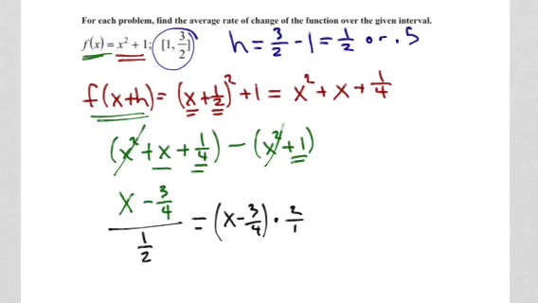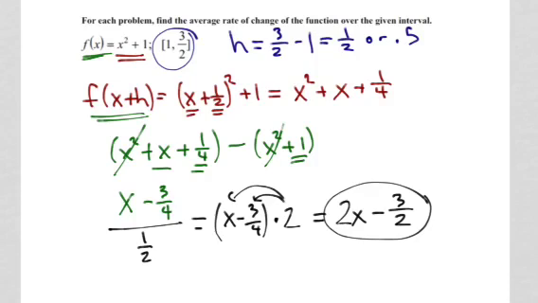And hopefully you know 2 over 1. We can just be better writing it as 2. If I FOIL multiply out, I'll be done. 2 times x, and then 2 times negative 3/4, which will make negative 6/4, which reduces to negative 3/2, or negative 1.5. All right, there's your answer.